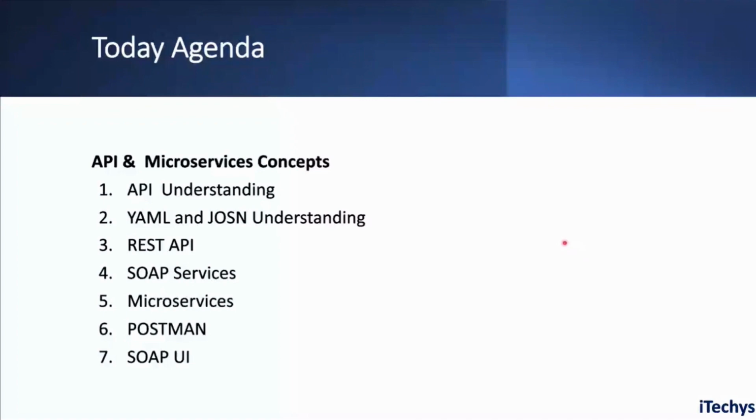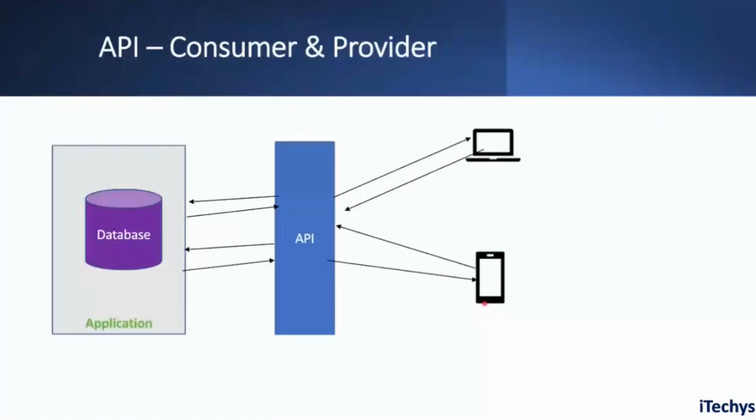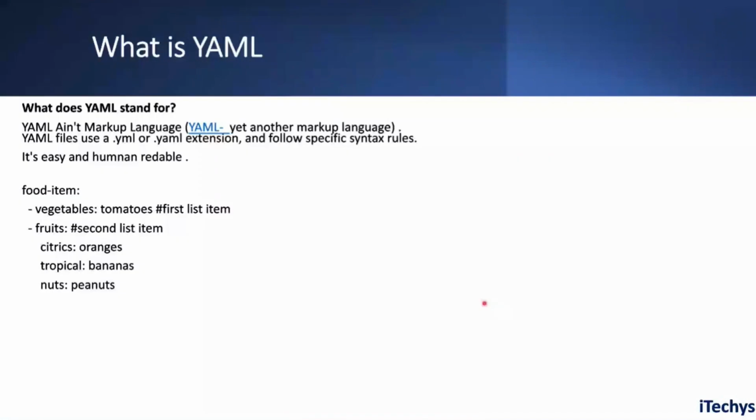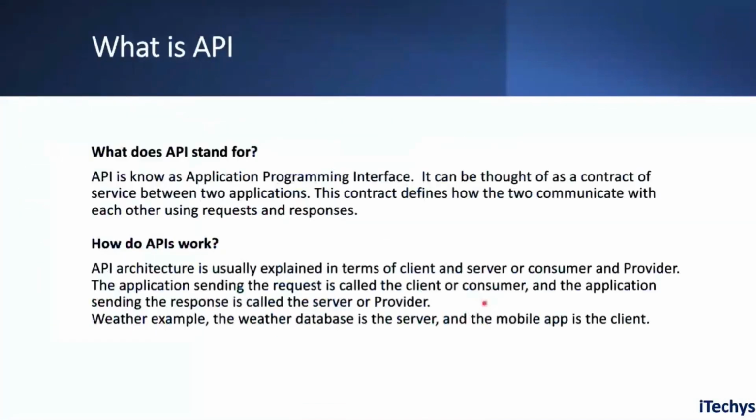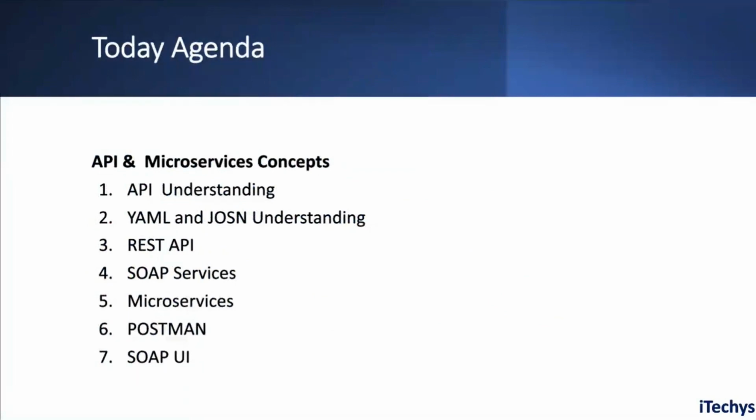If you joined late and missed some basic concepts of API, we covered this part. Now, the popular things I explained, here we will discuss YAML and JSON. I thought to go directly to the API, of which there are two different types, REST API or SOAP services.